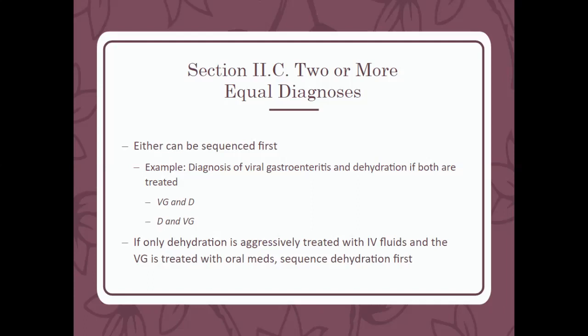If only dehydration is aggressively treated with IV fluids and the VG is treated with oral meds, sequence the dehydration first. So you see that it's aggressively treated. So because of the aggressive treatment, you're going to go ahead and list that first.